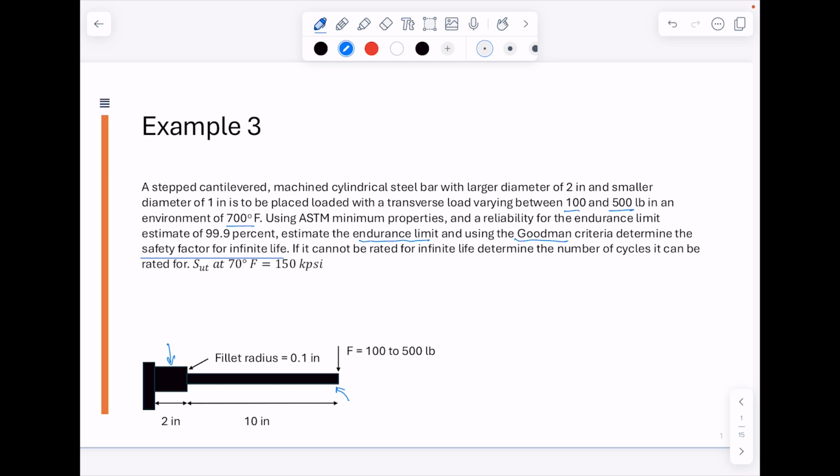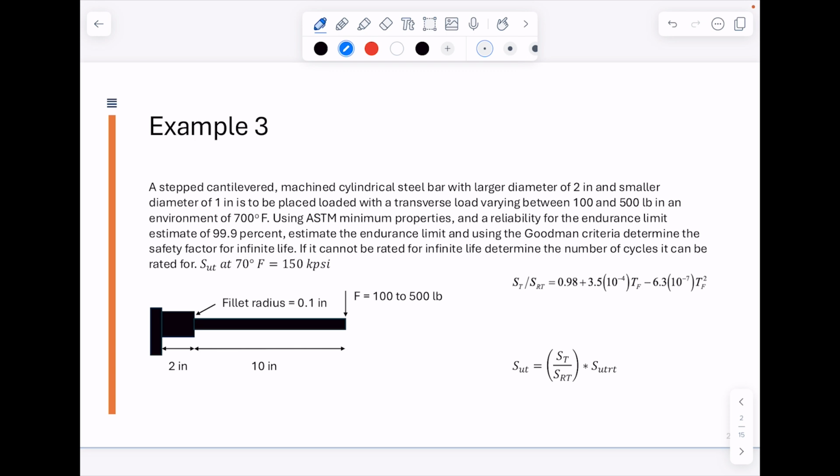My first step is going to be calculating the new ultimate strength based on this elevated operating temperature. So to do that, we can use this equation here, this ST over RT, and we can plug in our temperature there. So we'd have 0.98 plus 3.5 times 10 to the minus 4 times 700, minus 6.3 times 10 to the minus 7 times 700 squared.